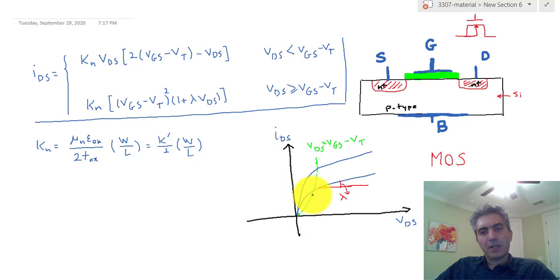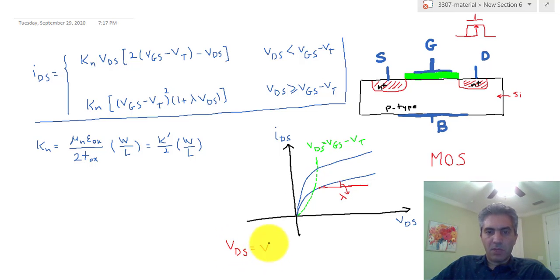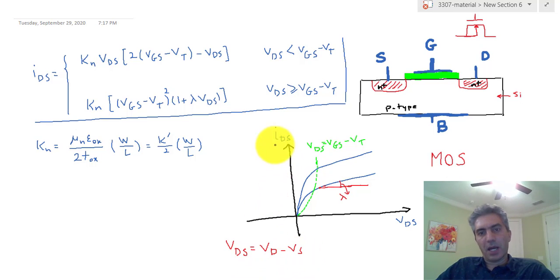Now, let me clarify that when we say VDS, or VAB for that matter, we mean VD minus VS. In other words, the potential of the drain subtracted by the potential of the source, or the voltage difference between the drain and the source. And when we say IDS, we mean the current that goes from the drain to the source. So obviously, VDS being positive means that the voltage of the drain is greater than the voltage of the source.